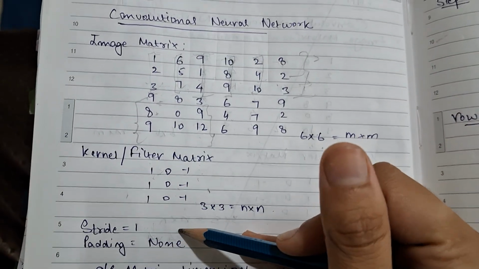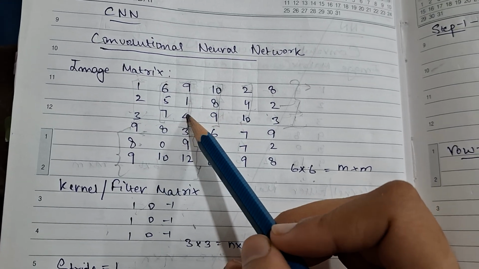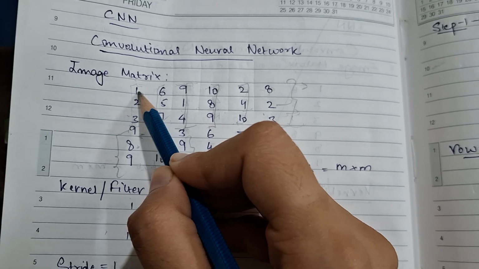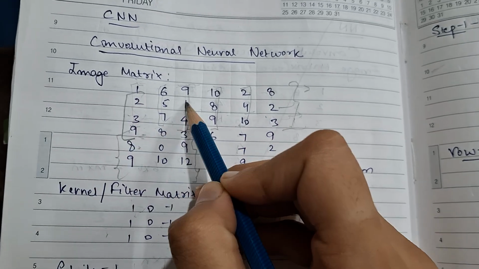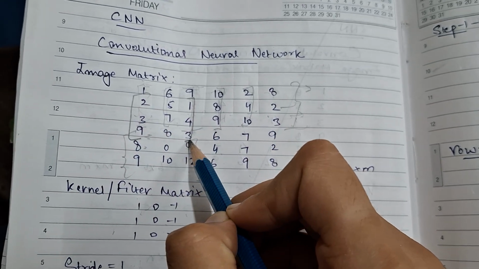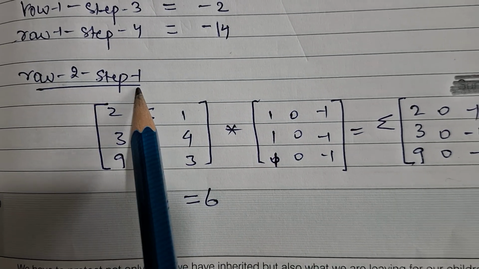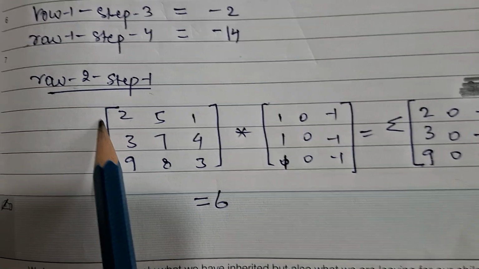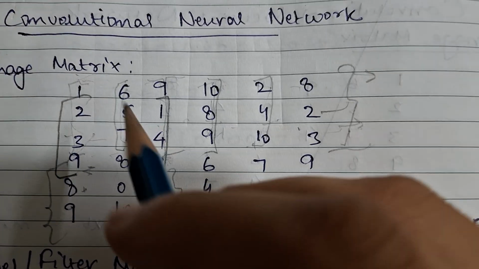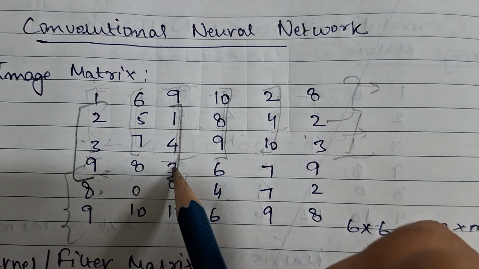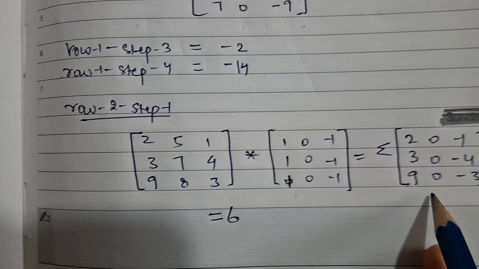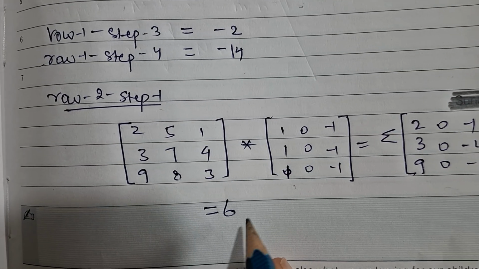But since the stride is 1, we would only go 1 row down, and then we will calculate using this submatrix from the image, which is the same thing that we have done in row 2, step 1. We have taken this submatrix and done the convolution of it with our filter matrix, doing the same steps and getting the answer as 6.